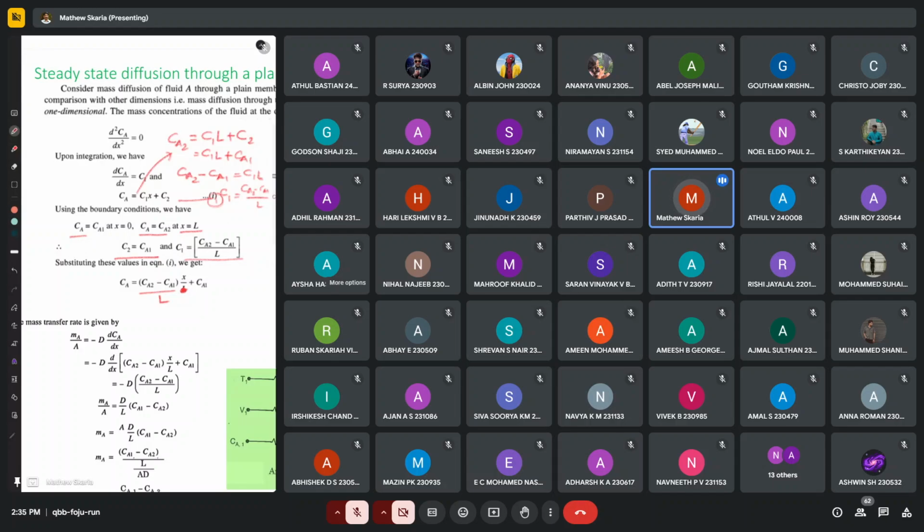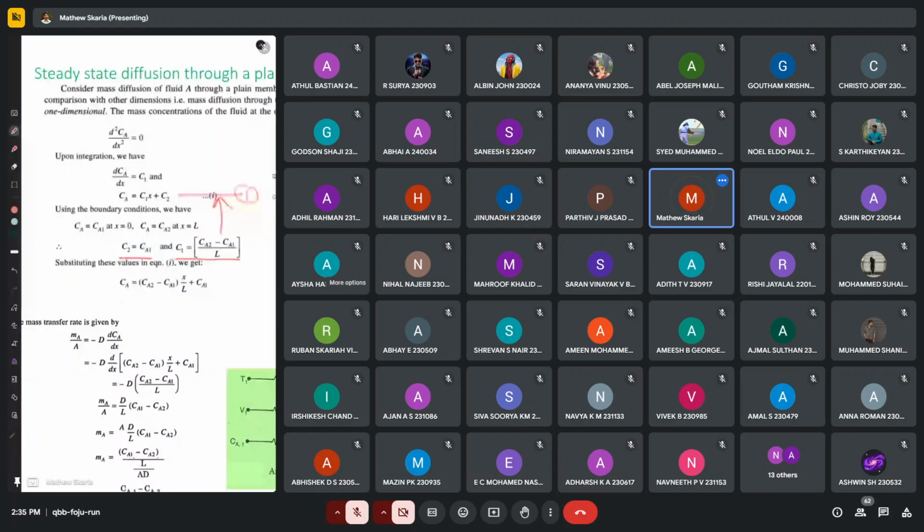C1 is equal to Ca2 minus Ca1 by L. അതിനുശേഷം ഈ C1 ഉം C2 ഉം ഈ ഒരു എക്സ്പ്രഷൻ. C1ന്റെ വാല്യൂ ഇതാണ്, C2ന്റെ വാല്യൂ ഇതാണ്. ഈ C1 C2 വാല്യൂ ഈ ഫസ്റ്റ് എക്സ്പ്രഷനിൽ സബ്സ്റ്റിറ്റ്യൂട്ട് ചെയ്യും.